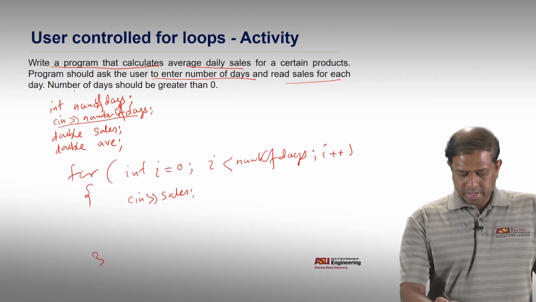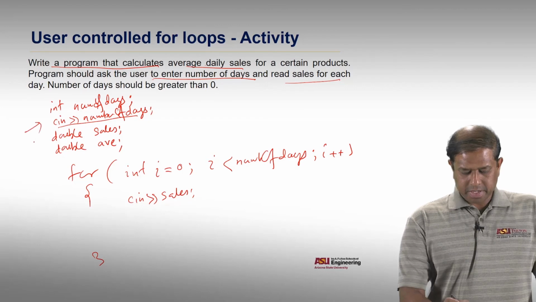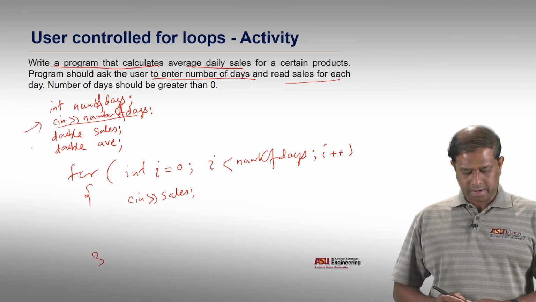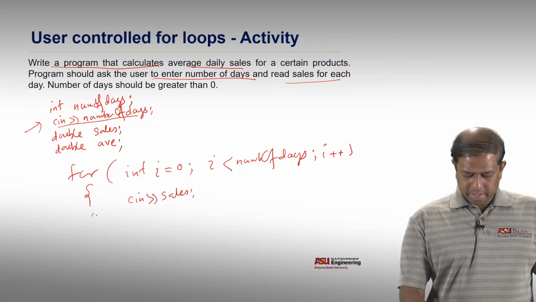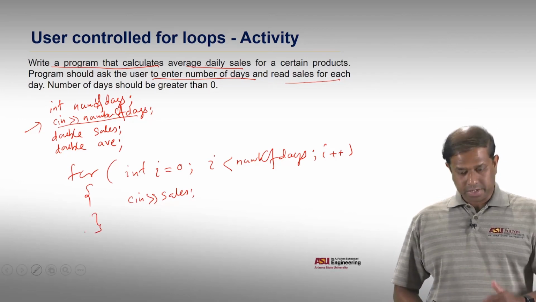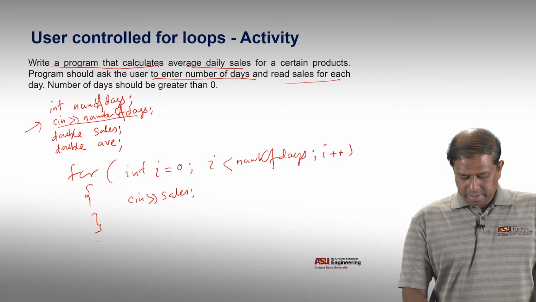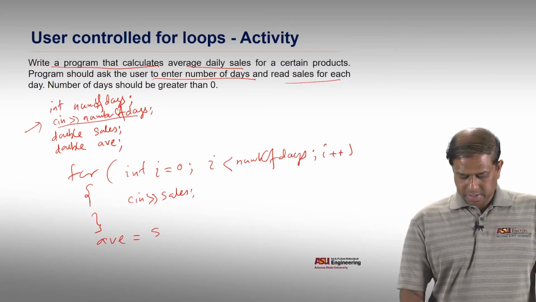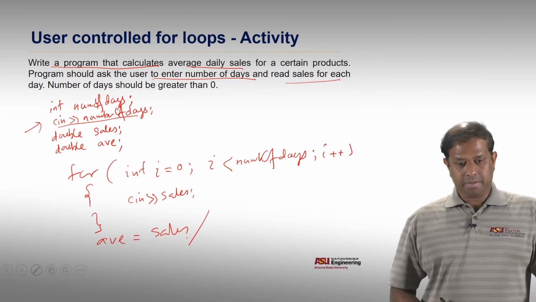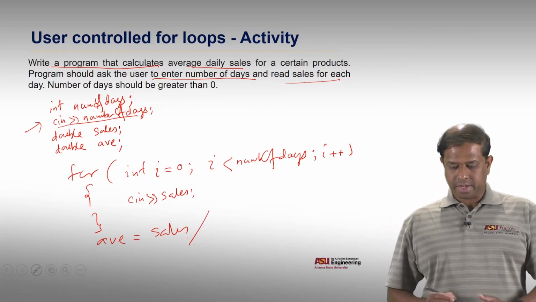Another condition here is that the number of days should be greater than 0, so we can check that using an if else statement. Inside this for loop, we are reading sales values for each day. After reading, we can calculate the average: average equals sales divided by how many days we have input for.